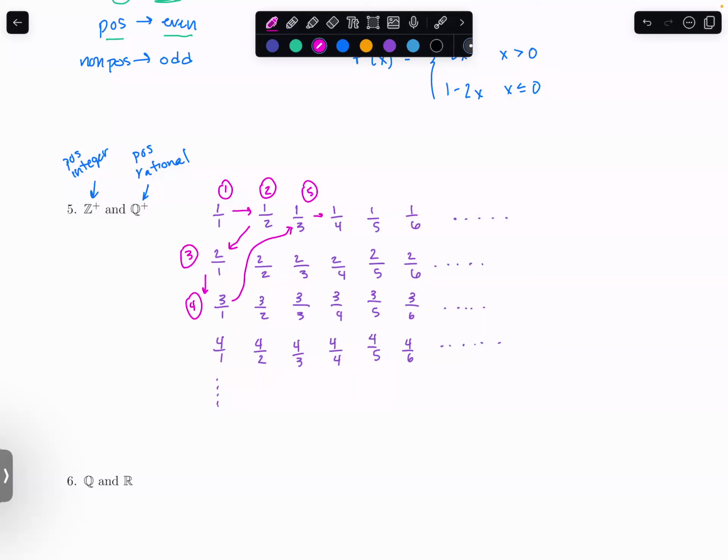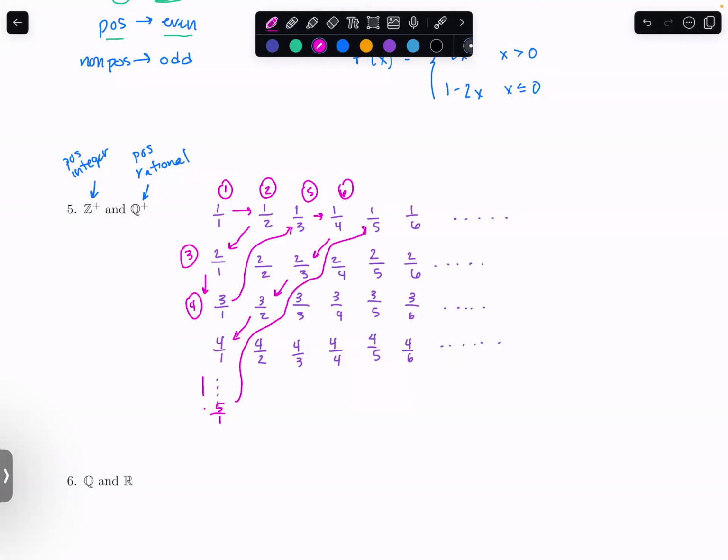We're going to scoot to the side. That'll be your sixth. And then you're going to, again, scoot down diagonally, skipping any duplicates, which there are not any right now. So you're going to get all of those. Those are your 7th, 8th, 9th entries. And then you would go down here to 5/1. And then you would scoot back up, skipping any duplicates, which 2 is 1, 1 is 1, 1/2 is 1.